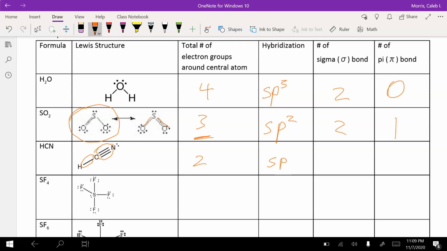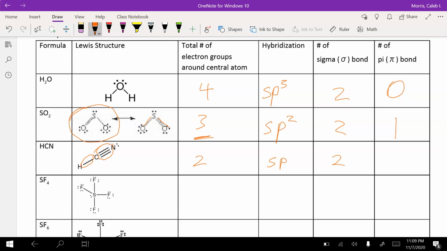And then we want to look at the number of sigma bonds. Well, I see that I have two bonding electron groups, so that means I've got two sigma bonds, two regular bonds essentially, and then pi bonds you could think of as extra bonds, or they're the bonds that, remember, overlap with p orbitals that are perpendicular to the internuclear axis.